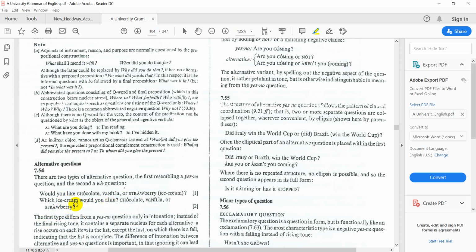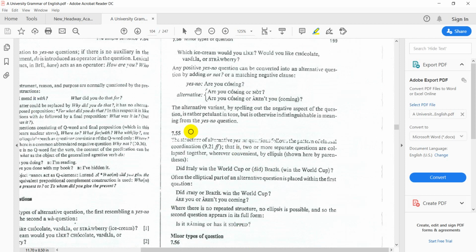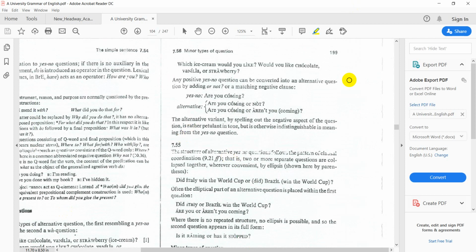Related to the first. If I ask by a WH word, it is as if I am having two questions combined together. So in this second type, I combine a WH word with the type of question that starts with an operator. So I ask, which ice cream would you like?